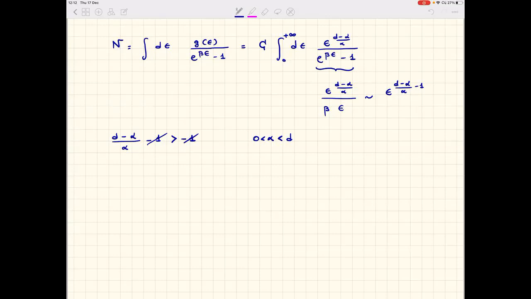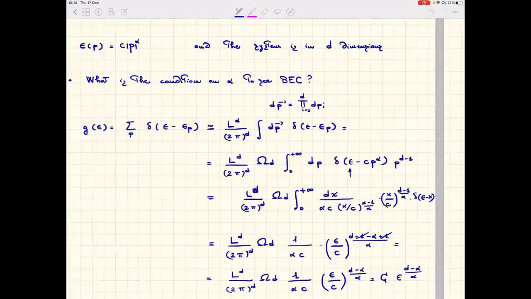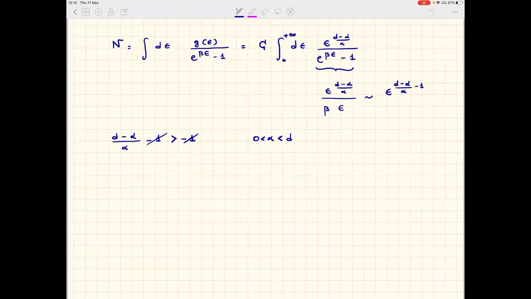So you see how it works. It's actually simple. I mean, you just compute the density of states, you plug it in the formula, and then you compare. You see this divergence, a divergence for small epsilon is called in physics an infrared divergence. Why? Because infrared light has low energies.